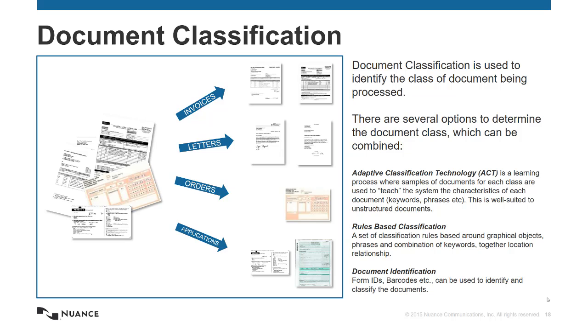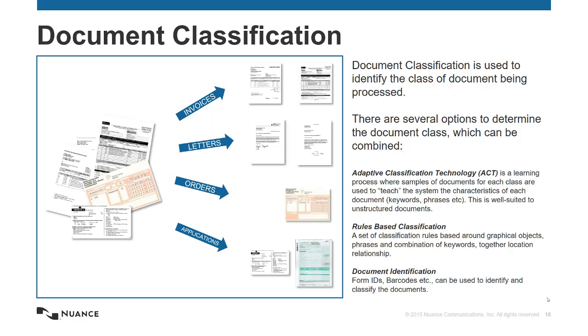use rule-based classification. Where it becomes difficult to actually use rule-based classification is when we're dealing with unstructured documents, where there may not be something as simple as the word invoice appears because it's an invoice, or the word order appears because it's an order. We may be looking at correspondence, and correspondence may be talking about an invoice or talking about an order, so we can't identify it just simply on that.